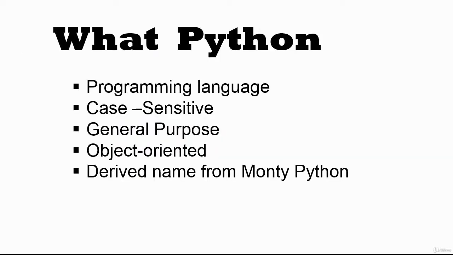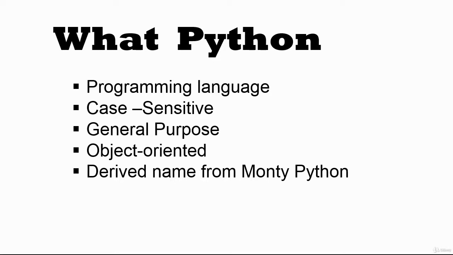In this lecture, we learned that Python is a programming language and that it is case sensitive. It is a general purpose language that can be used to perform a variety of duties or things. We saw some of the famous websites that Python has been involved in one way or the other.